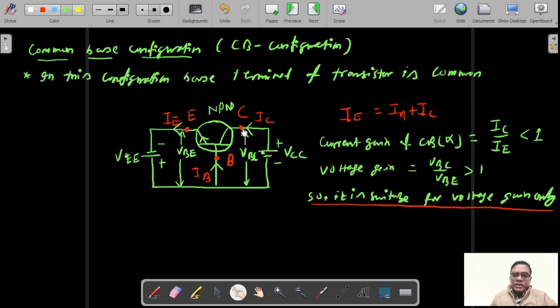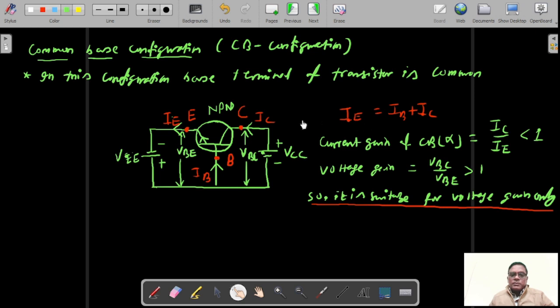Similarly, the voltage drop across collector and base terminal will be taken as VBC. Practically, an additional resistance will be connected here, which will maintain the emitter current, and here also we have a collector resistance which will manage the flow of collector current.